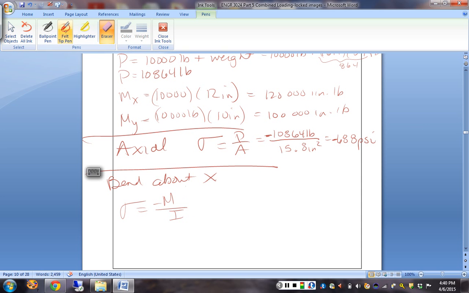Instead of Y, I'm going to say plus or minus MC over I. What's my bending moment for that one? Let's go to Chance. Okay. We got X. Either 120,000. Yeah.